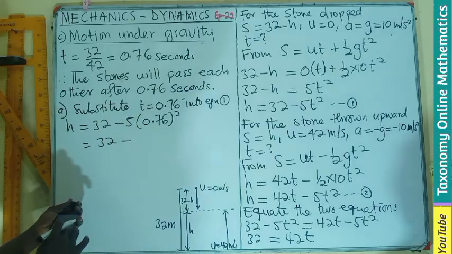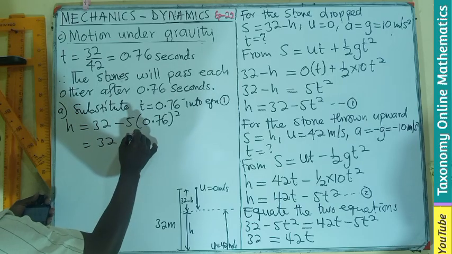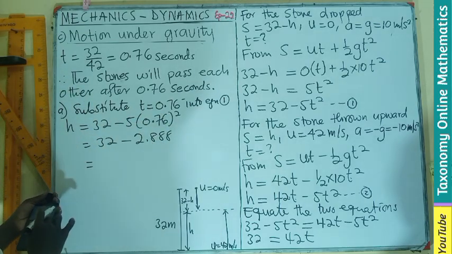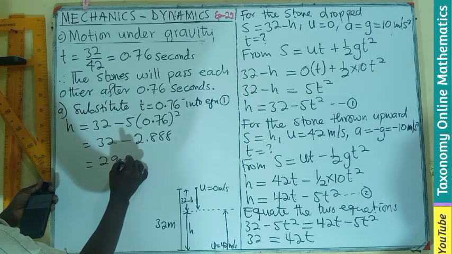If you multiply 5 by 0.76 squared, that will give you 2.888, and if you subtract that, we have 29.1.